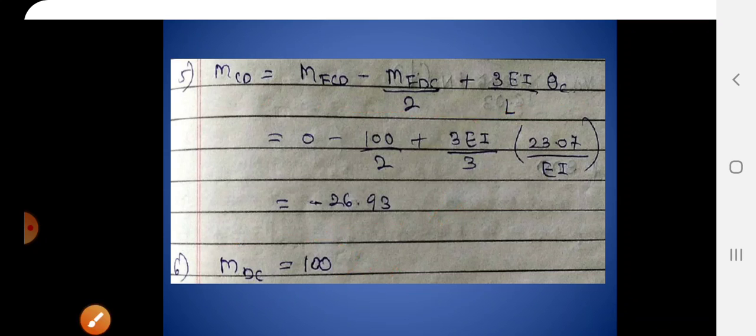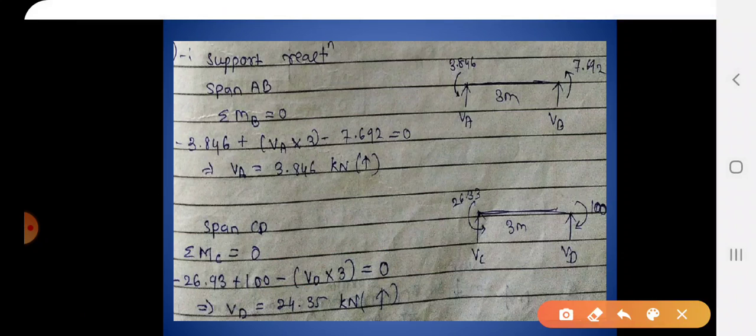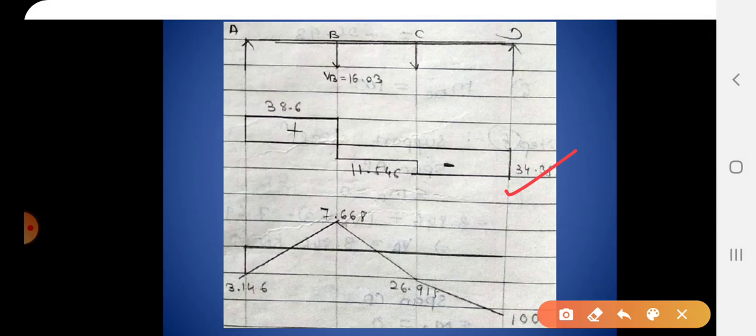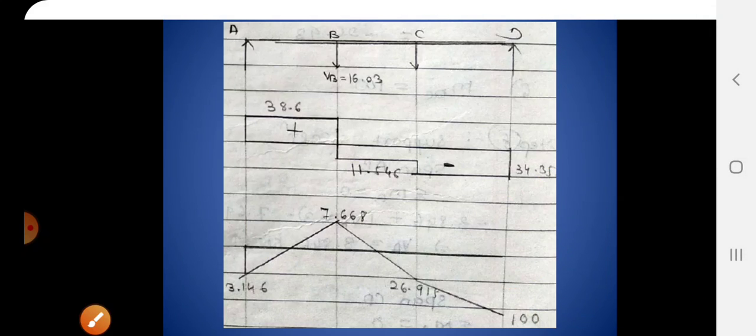So we have got all the final moments. With the help of these final moments, taking negative as anticlockwise and positive as clockwise, you can find all the support reactions using equilibrium equations, and subsequently plot the SFD and BMD.